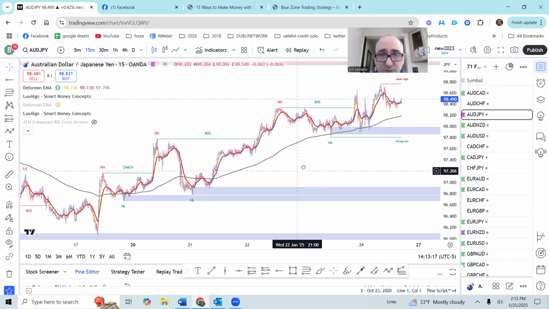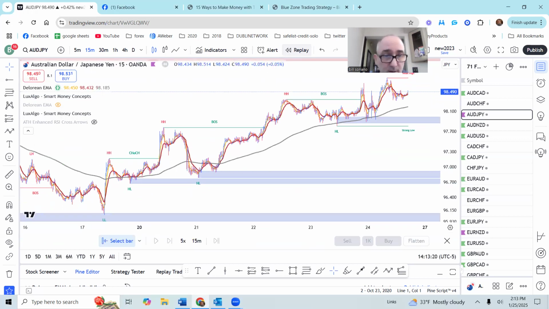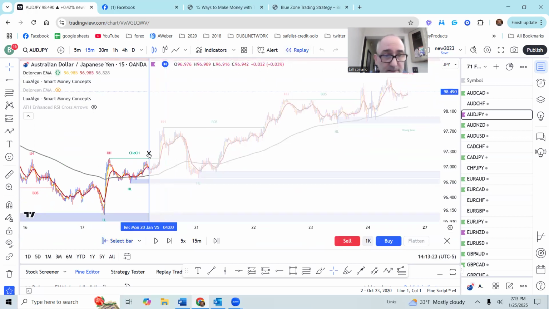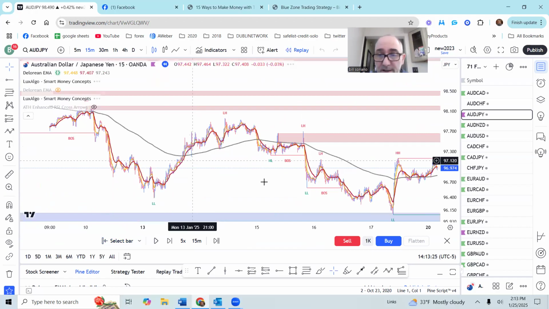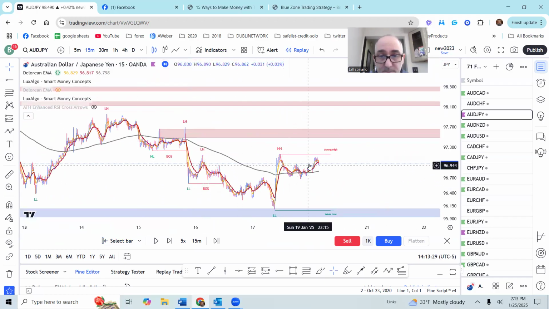Let's go back to before that change of character happens. So let's go back to here. Now, right here, you'll notice price is right here, and the last change of character, the last break of structure, was to the downside.